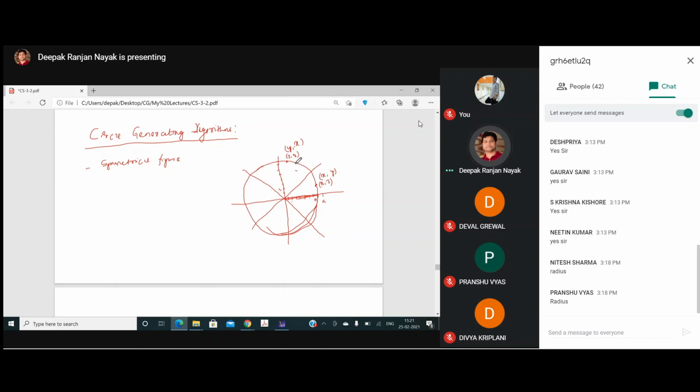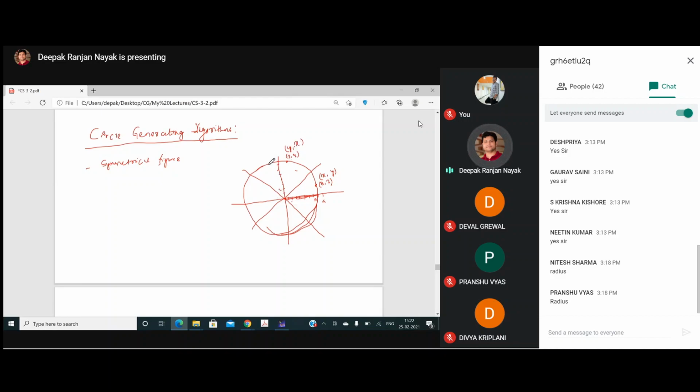So if you generate 1 point, now you will be able to generate 7 more points. That is what symmetricity is. The next point will be with the help of only x and y and the sign. That is what is called reflection, right? So now we have just reversed the x and y coordinate, which is y and x.